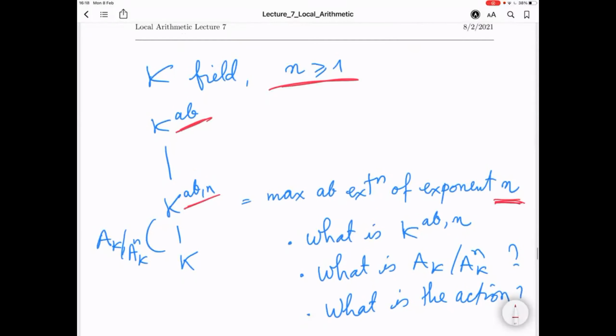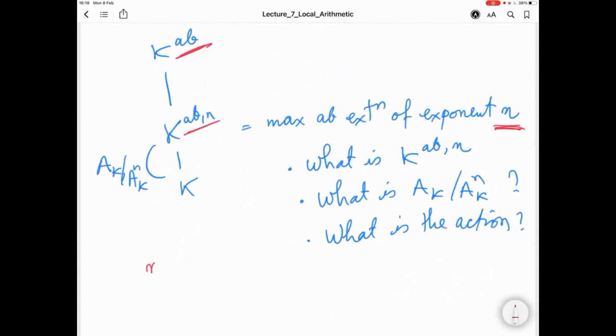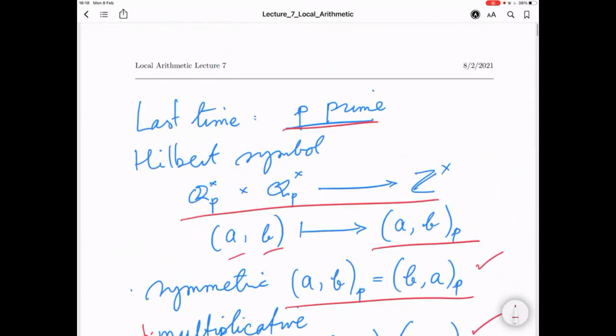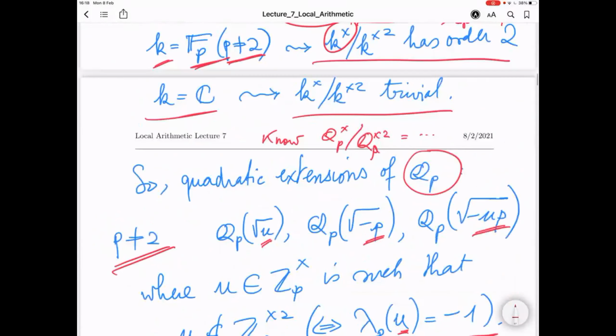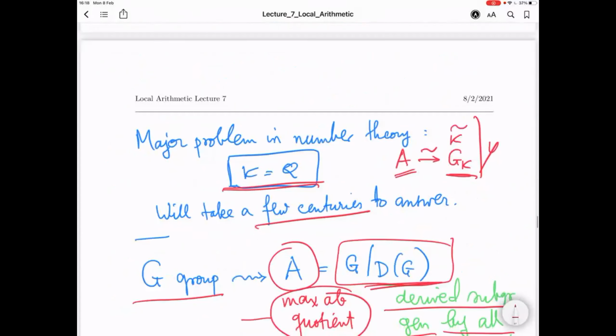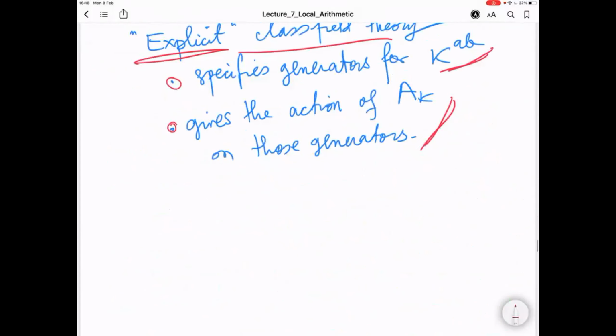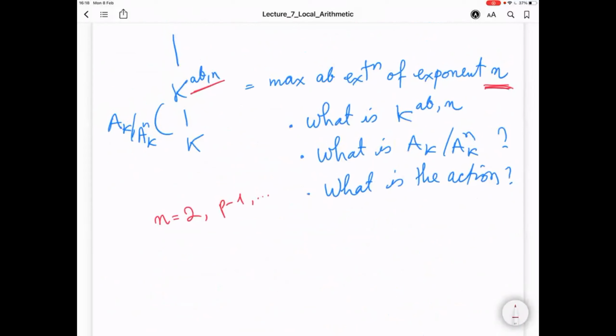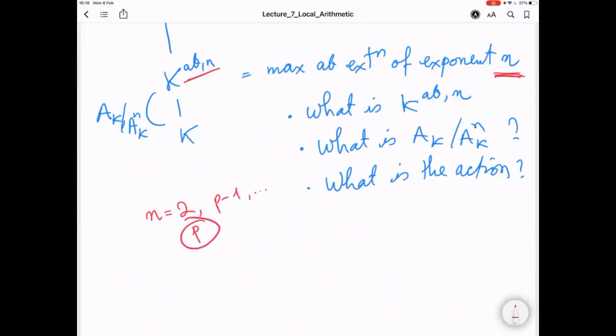And even then, we'll take n to be just 2 or p minus 1, etc. We might even take n to be equal to p. That's going to be quite an achievement.